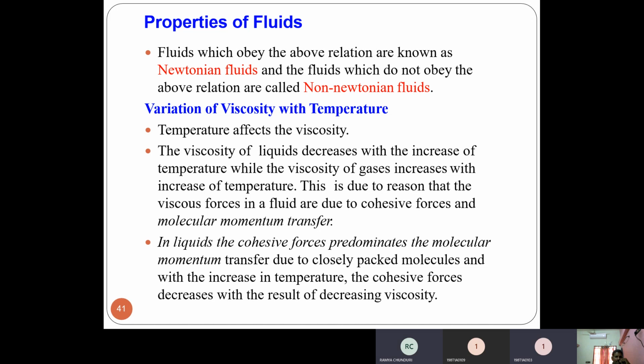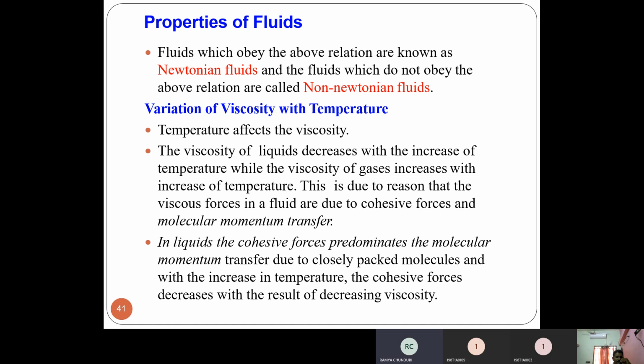Why is this happening? For fluids, we have to consider cohesive forces and molecular momentum transfer. In liquids, the cohesive forces predominate over the molecular momentum transfer due to the closely packed molecules, and with increasing temperature these cohesive forces decrease, with the result of decreasing viscosity.